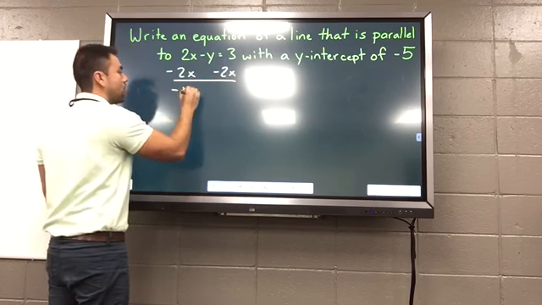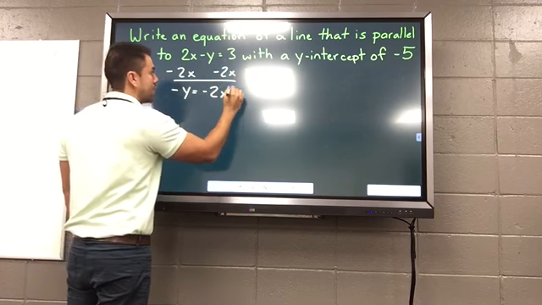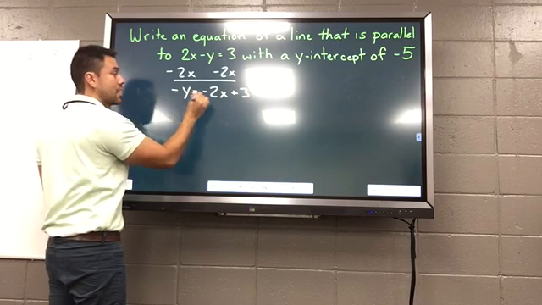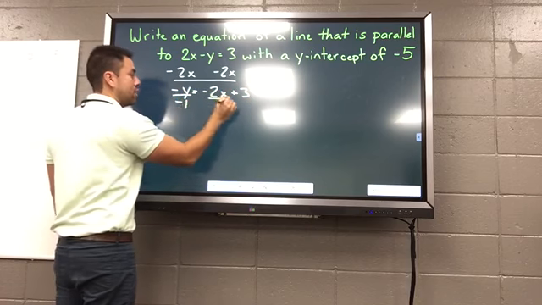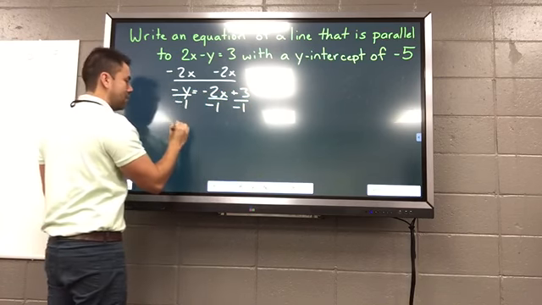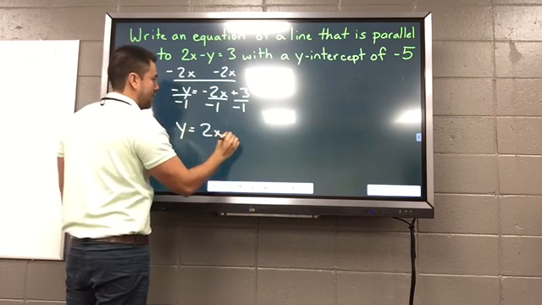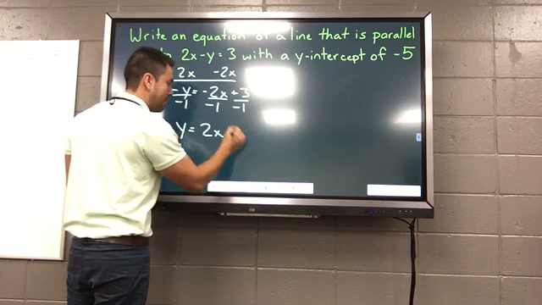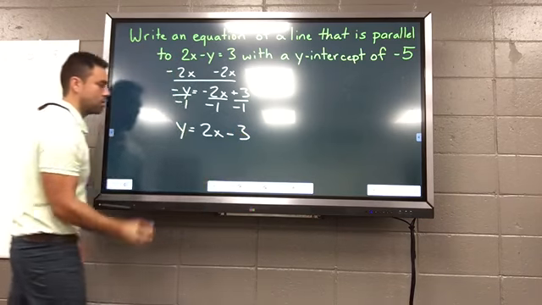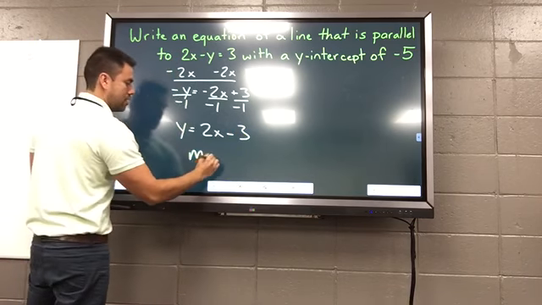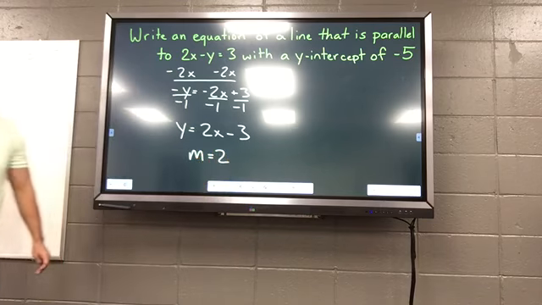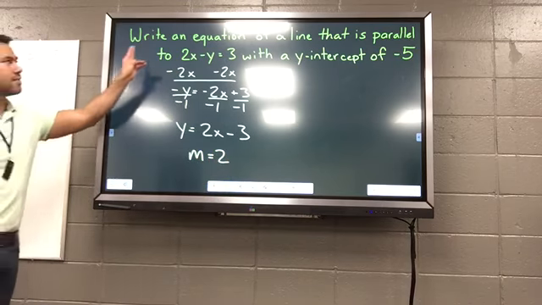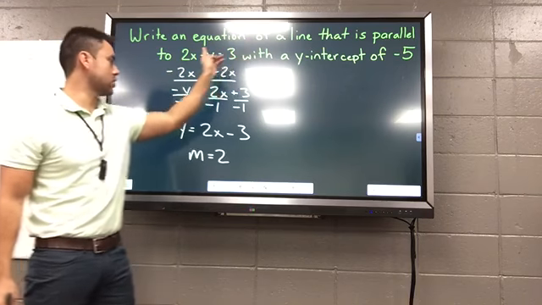I get negative y equals negative 2x plus 3. Divide both sides by negative 1, which means everything gets divided by negative 1. I get y equals 2x minus 3. What's the slope? 2.